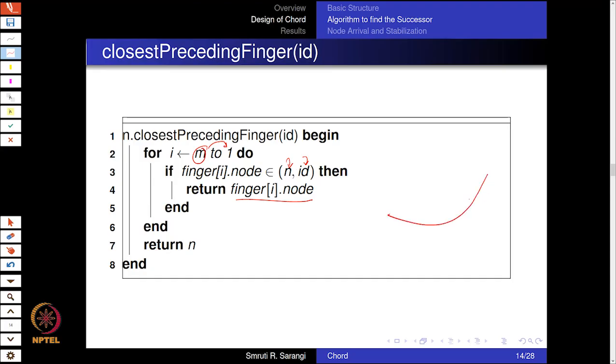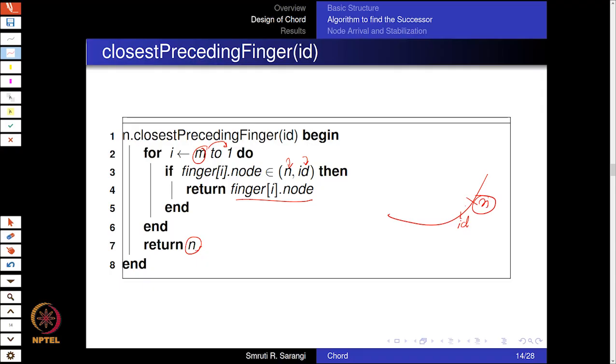When would that happen? If, let's say, n and ID are close by, so none of its fingers, the successors of the starts, are actually between this range. Then it means that the current node n is the closest preceding finger. That's the trivial case, and n can simply be returned.